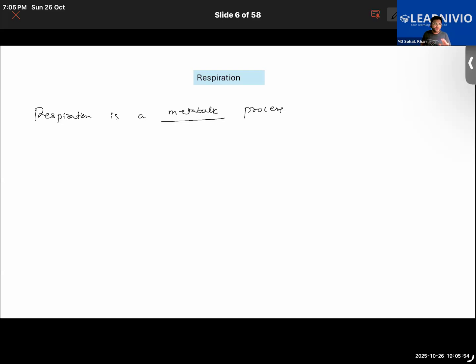Chemical change, chemical reaction, you're aware of that, right? A type of change in which new substances are produced. For example, burning of paper. What kind of change is it? Sir, the chemical change. Tearing of paper? Sir, it's the physical change.